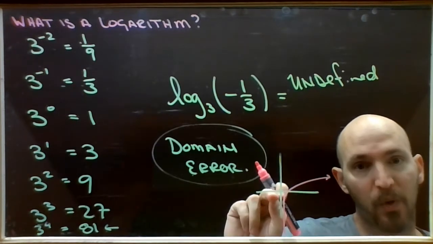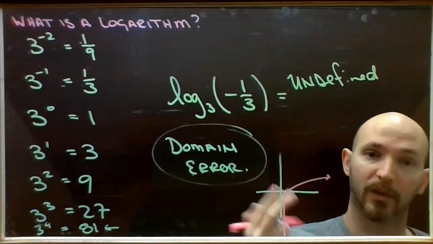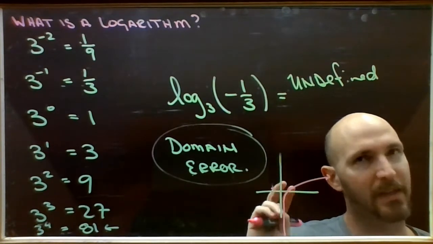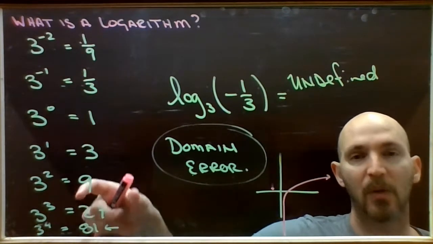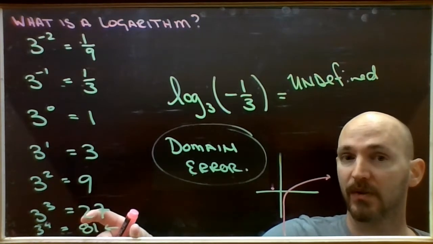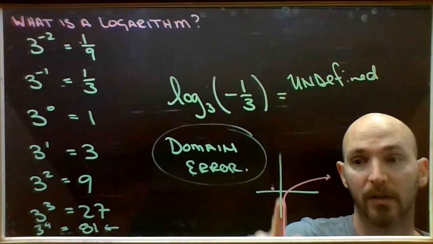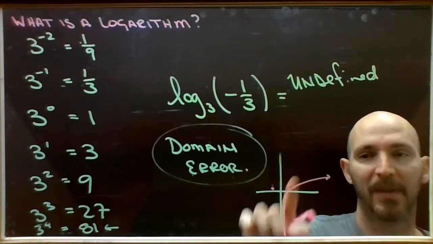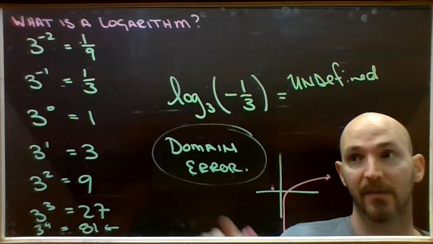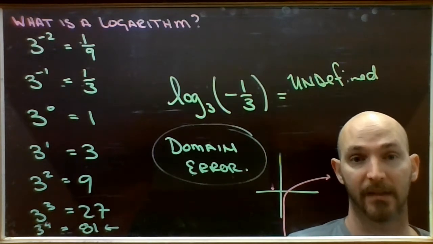So you can't put a negative number in here for a number of reasons. Two ways to think about it: these exponents don't generate negative numbers, so you can't look this up in the list, or this function doesn't exist over in the negatives, so you're not going to be able to pop one into there.